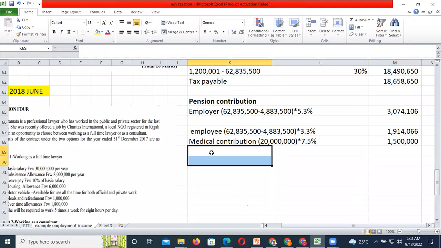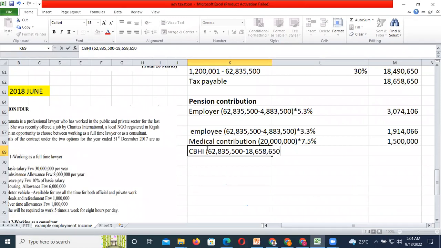So I can now compute my CBHI, which will be 62,835,500 minus the PAYE. Our PAYE is 18,658,650 minus the pension, which is 1,914,066 minus the medical, which is 15.